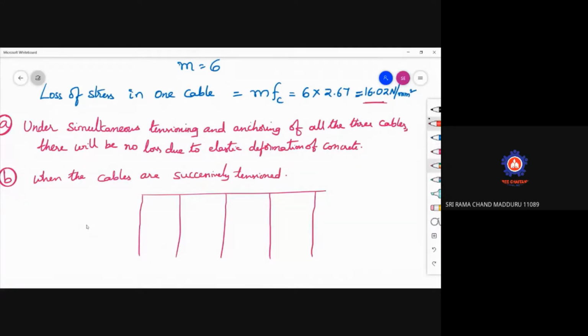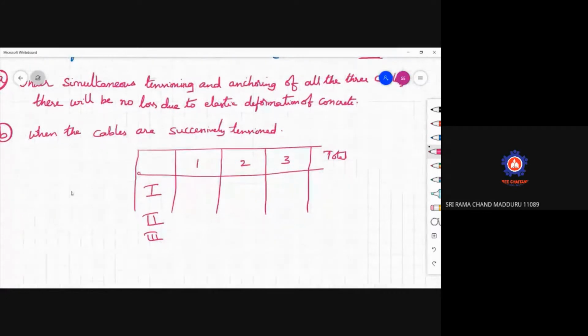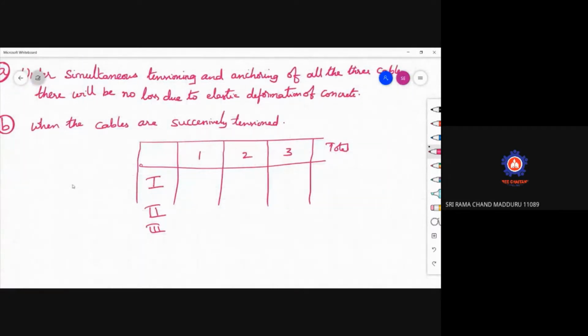Now we need to write down what the losses are. To calculate that, I am preparing here cable number 1, cable number 2, cable number 3. These are steps 1, 2, 3, and this is total. I will show you how it is happening. You know 16.02 is the loss of stress in each cable.